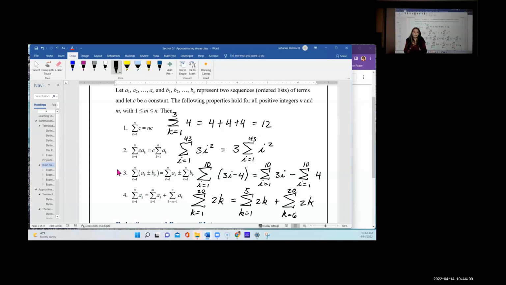Now, we actually use this in order to find something like the sum from 6 to 20, because we can then subtract this sum from 1 to 5 of 2k from both sides, and we get these two starting at 1. The formulas for summations start at 1, so it's nice to have a way to solve for a sum that does not start at 1 in terms of other sums that do start at 1.